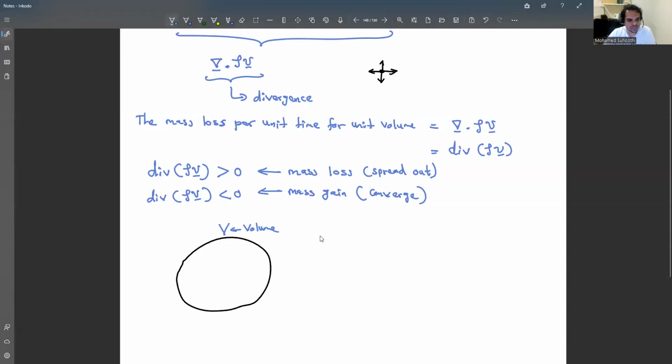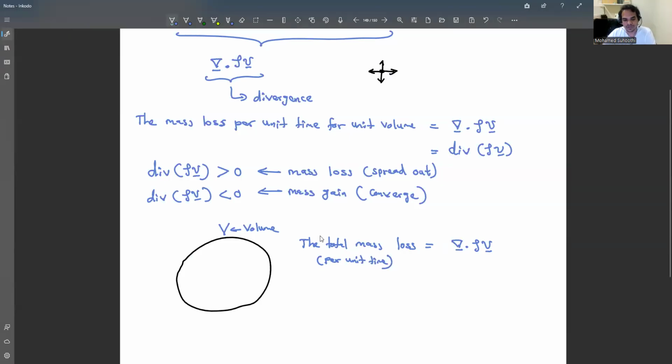So per unit volume this is the value, and I'm calculating it per unit time.